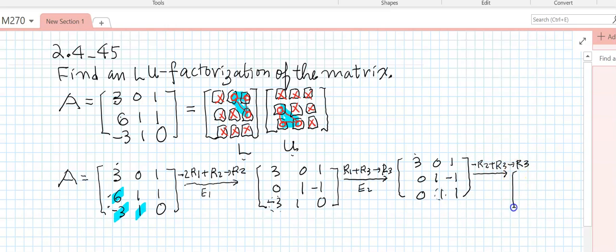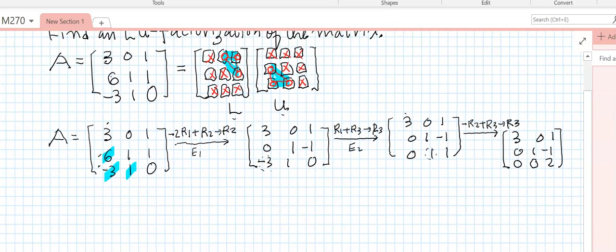So 3, 0, 1, 0, 1, negative 1, and 0, 0, and 1 plus 1 is 2. Now I have it, like I wanted, the lower triangle is 0. So this is upper. This is U. And this is E3.